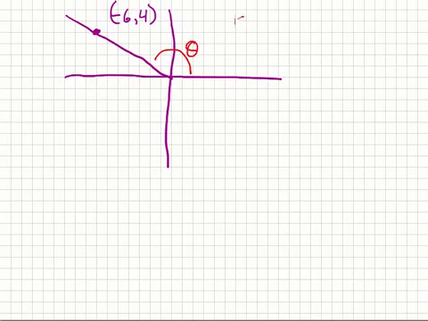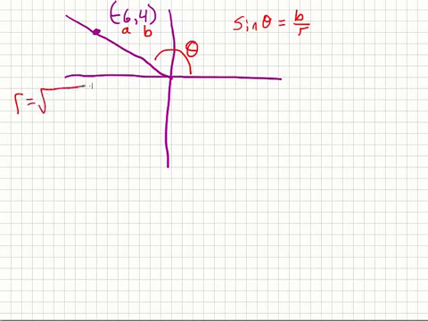Well, sine theta is b over r, and let's see, we've got our a is -6, our b is 4, but what's the r? We'll use our Pythagorean theorem to find that.